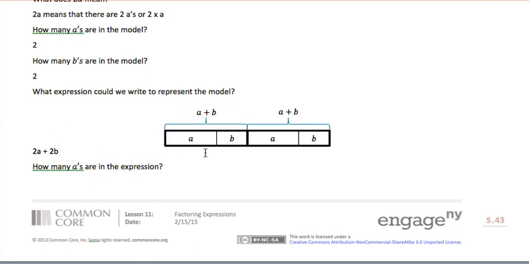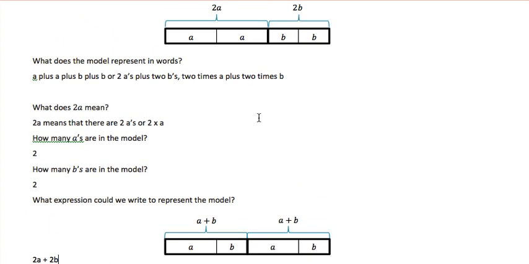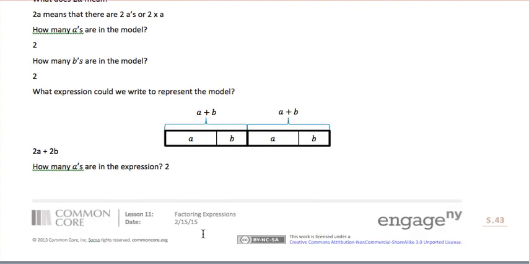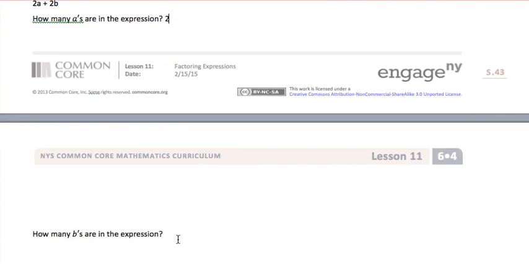Remember, this model is showing the same thing as this up above, but we mixed the A's and the B's around. So we have 2 A's and 2 B's in the expression.